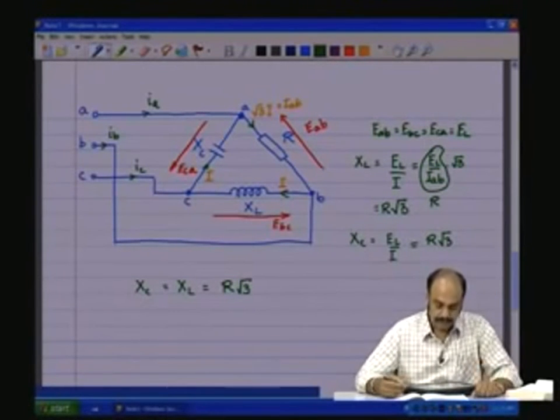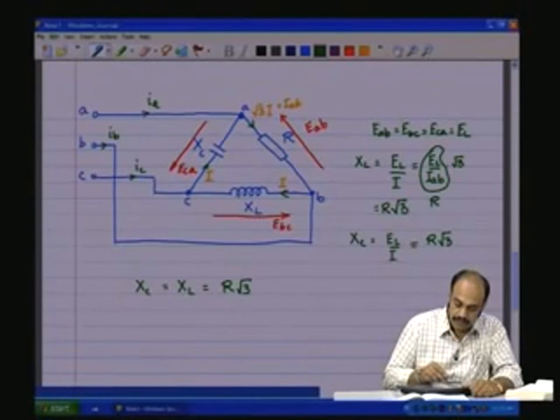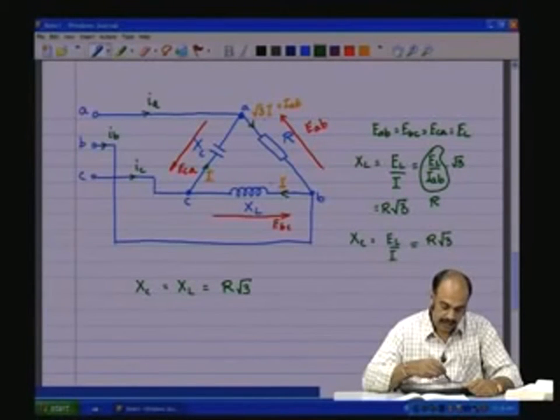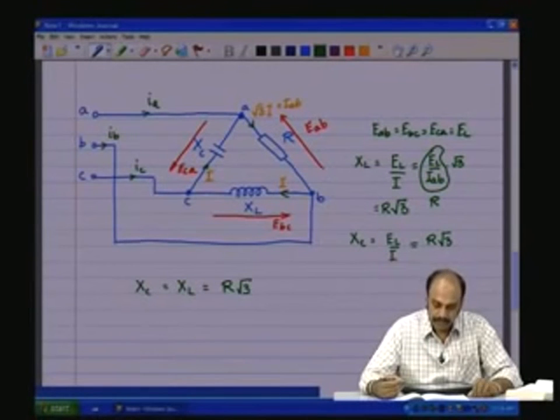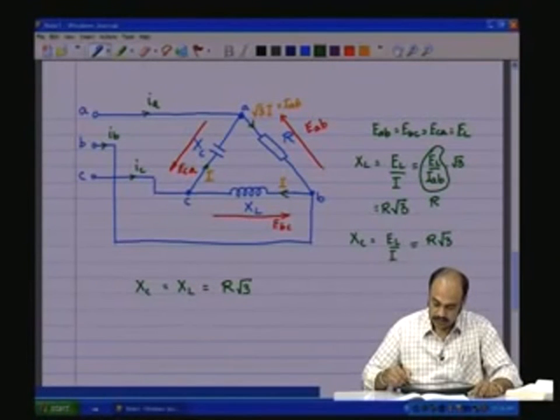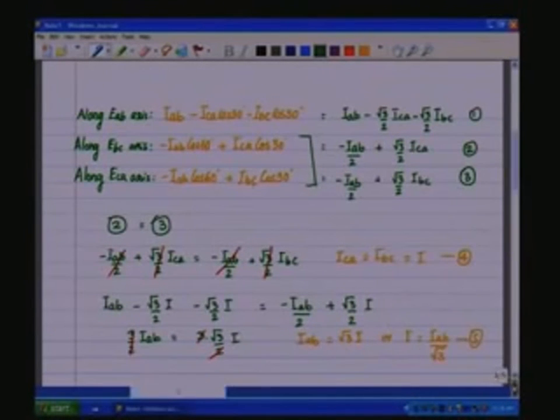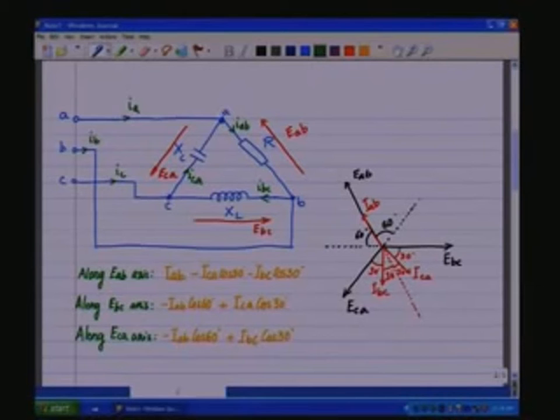And if that is done, then automatically you will have the currents flowing here as root 3 I and I, and they will be balanced when looked at from the point of view of the equivalent phasor diagrams, because equivalently if I_BC is equal to I, I_CA is equal to I, then what flows through this, this and this will all be equal.